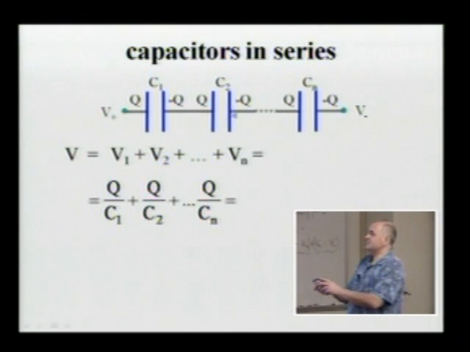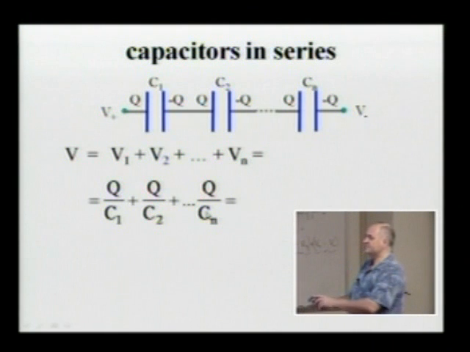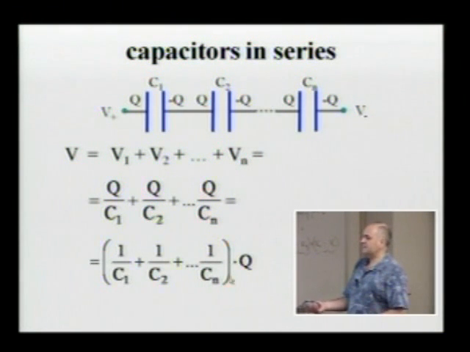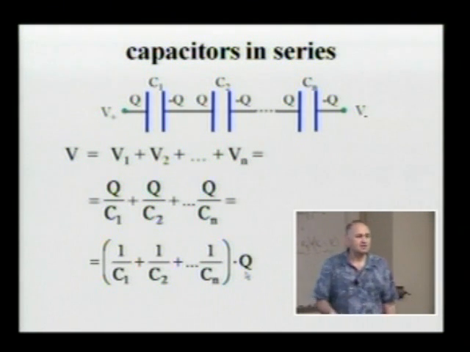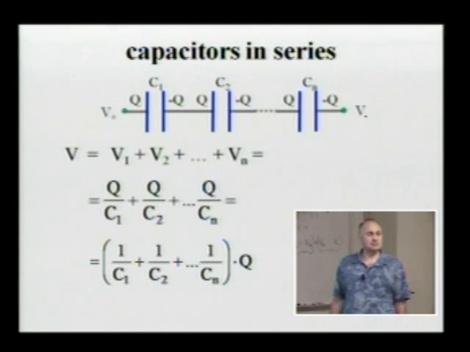Potential difference across the second capacitor is going to be charge on the second capacitor, which happens to be the same as on the first and on the entire system, divided by capacitance of the second capacitor, and so on. I can factor out this common charge, and I can recognize what?